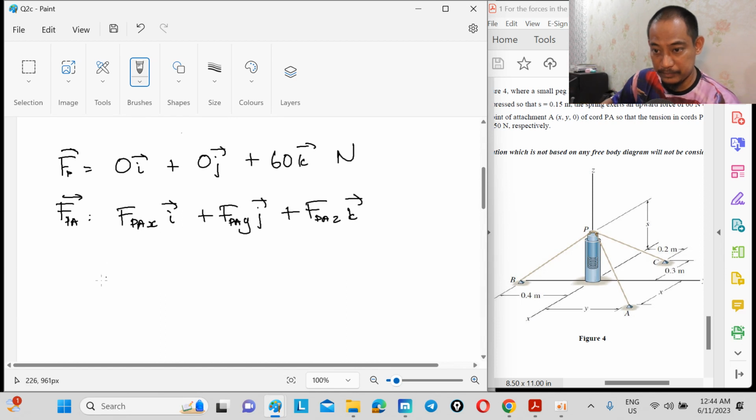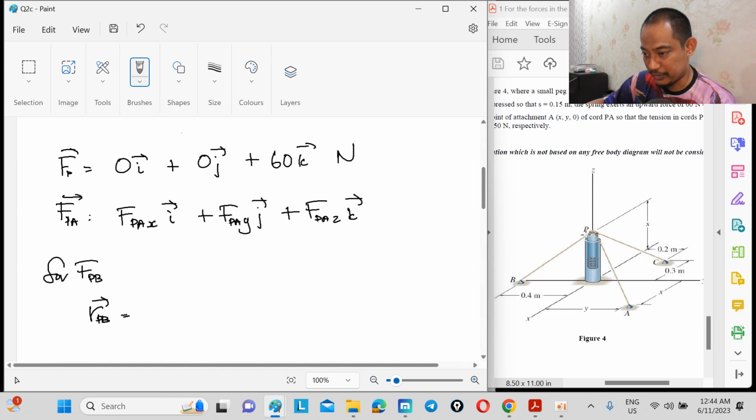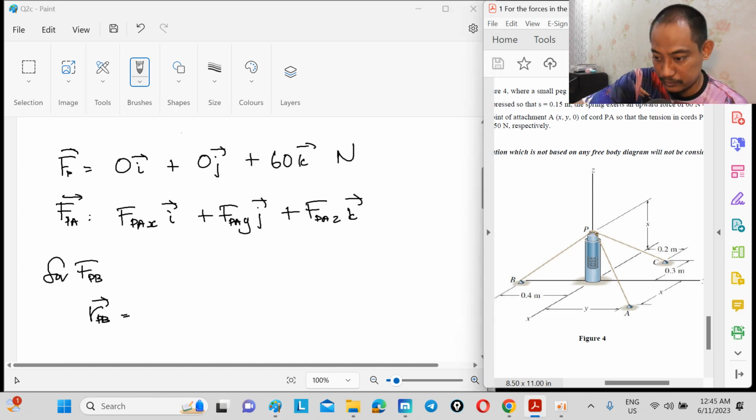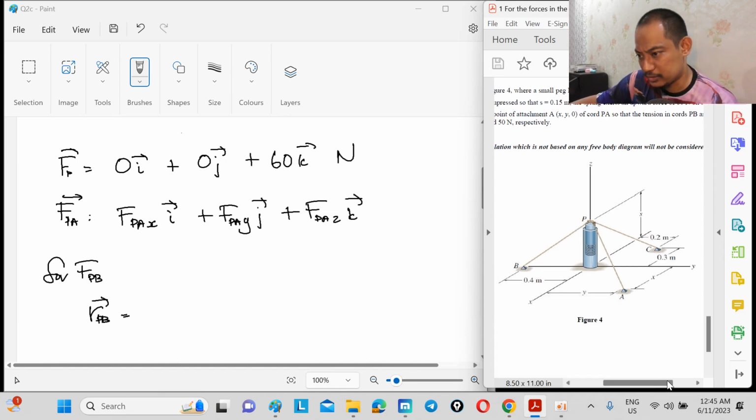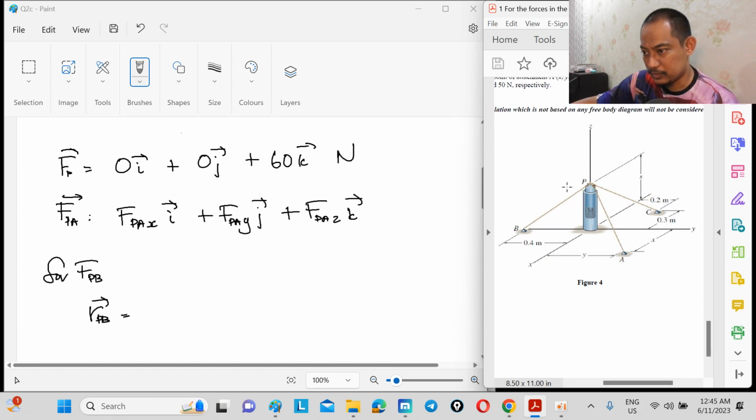So for FPB, RPB from the coordinates, because this is 0.15, right? The x-axis here, y-axis here.